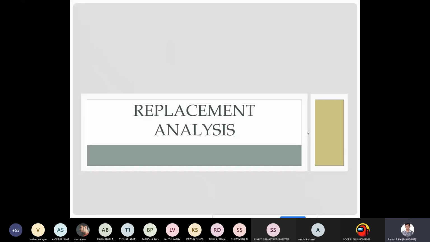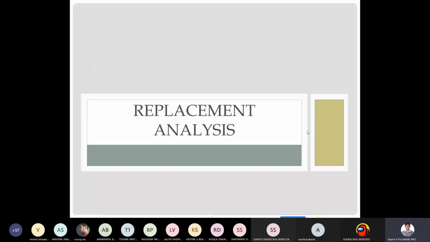I will also be teaching the same in the replacement analysis unit. In this unit, capital recovery cost is one of the parameters, or one of the components, so there also we will study it. I gave the introduction about capital recovery cost in the previous unit.